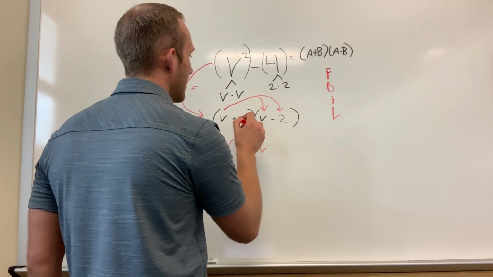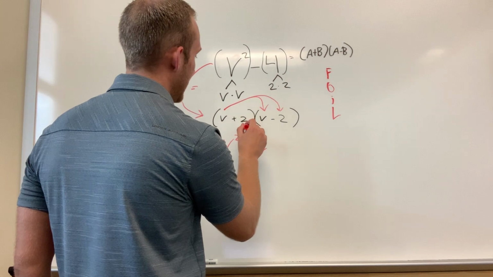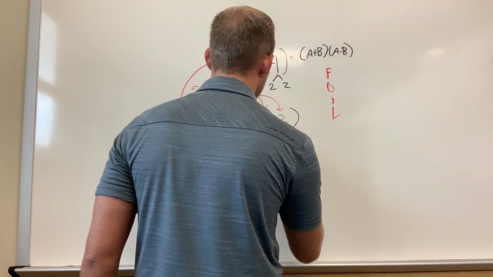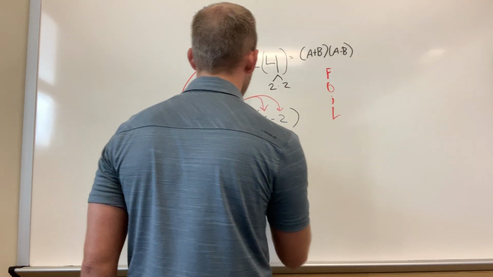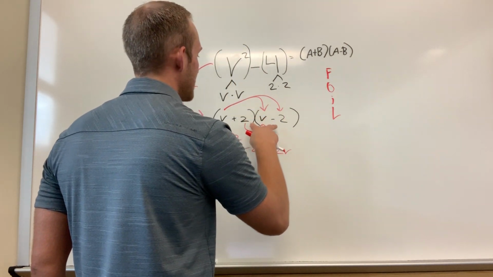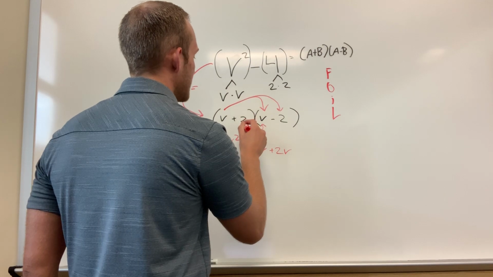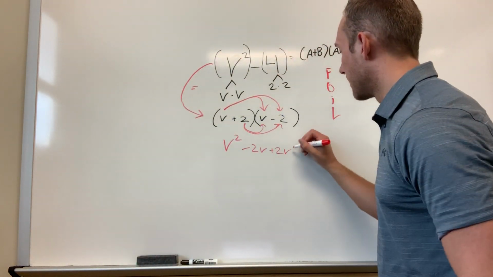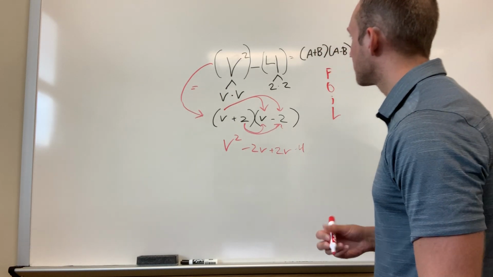And then inner, the I in FOIL, so that would be 2 times V, so that would be plus 2V. And then last, so the last 2, so that would be 2 times -2, which would give us -4.